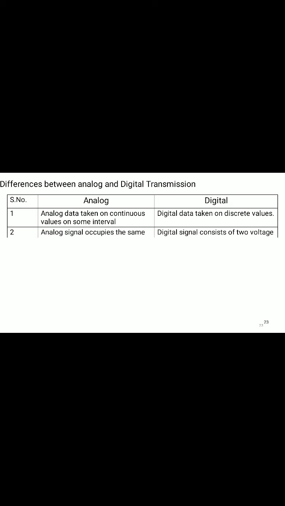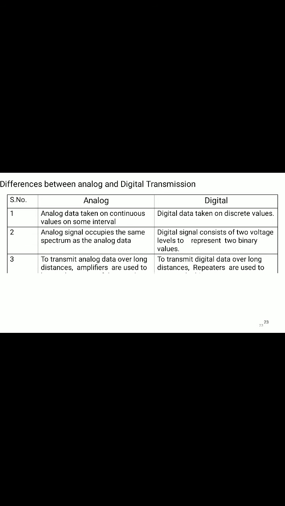Differences between analog and digital transmission. The first difference: analog data takes continuous values over some intervals, digital data takes discrete values. An analog signal is a continuous signal, a digital signal is a discrete signal. Next, an analog signal occupies the same spectrum as the analog data.